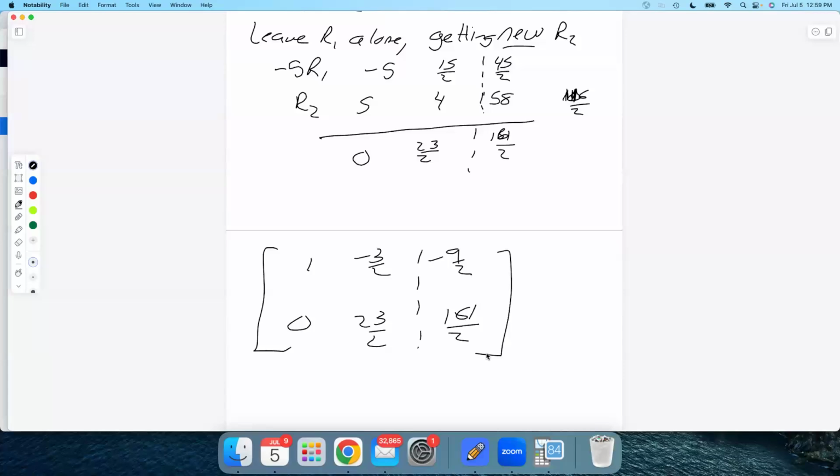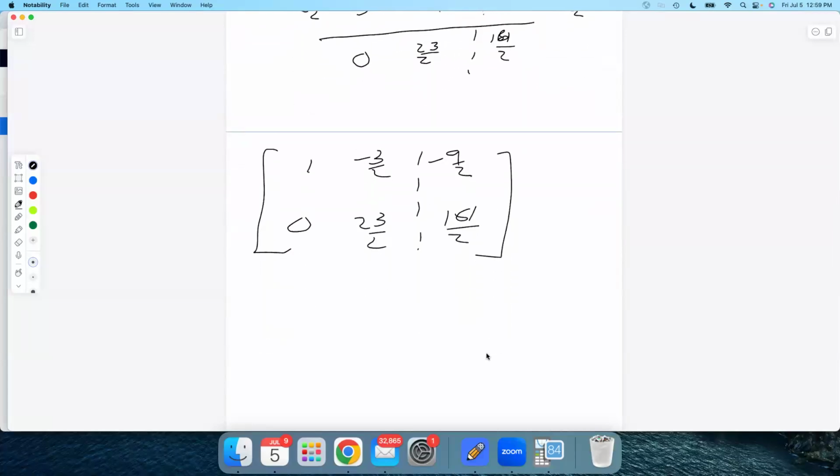Okay, we actually could now solve the system. We call this upper triangular form. So what we have right here is upper triangular. And we've done all the math we have to do to solve the system.